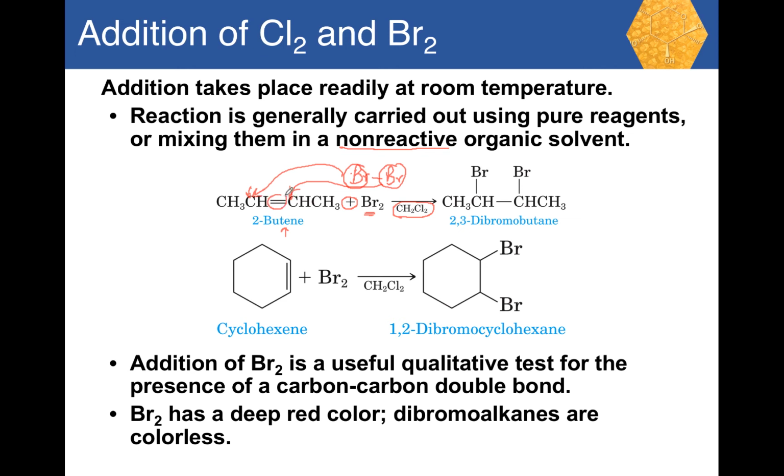In the process, the double bond will be transformed into a single bond, and now we have two bromine atoms that are added to both carbons. Notice both carbons of the double bond to form a new product here, 2,3-dibromobutane.